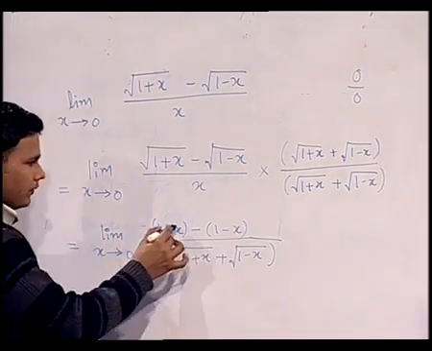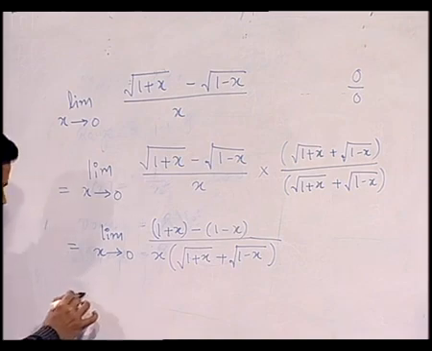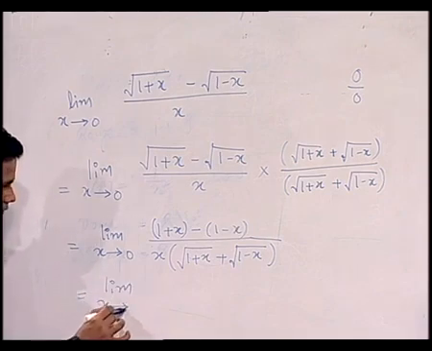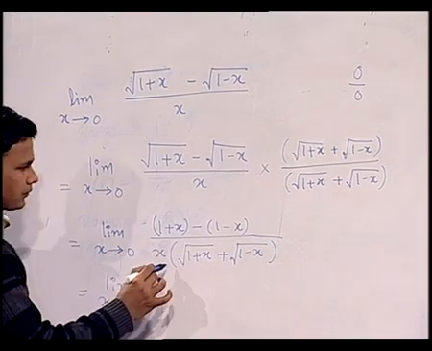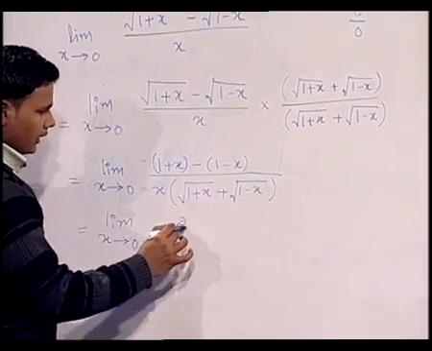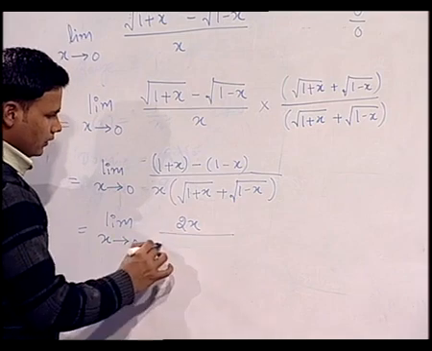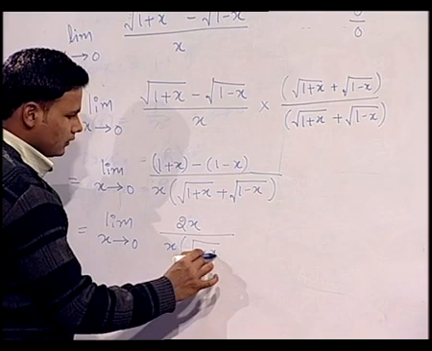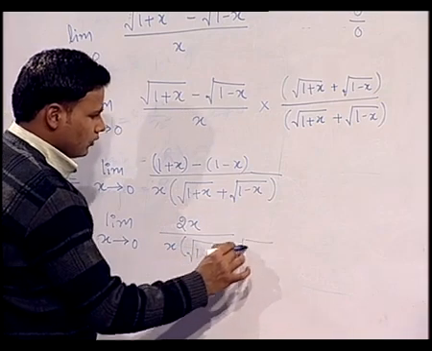Which finally reduces to limit x tends to 0, 2x upon x times (square root of 1 plus x plus square root of 1 minus x).